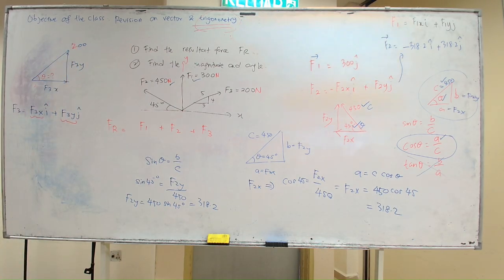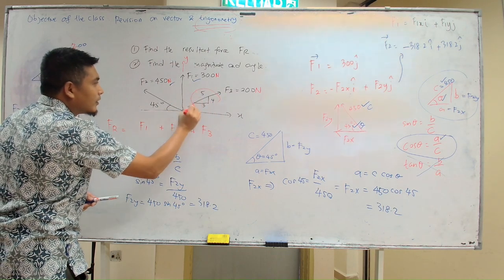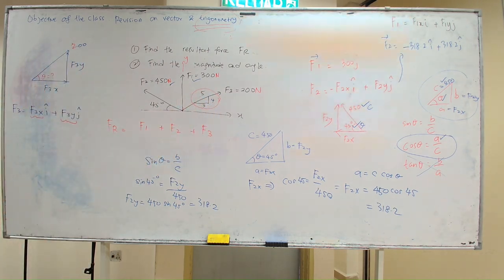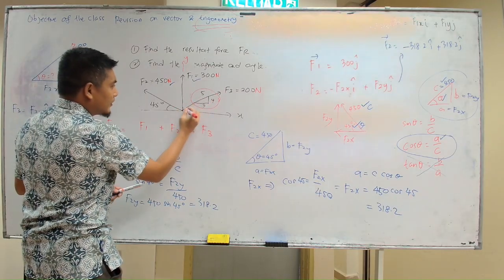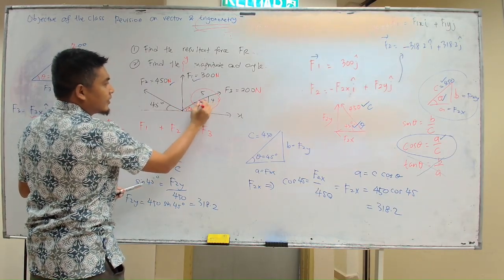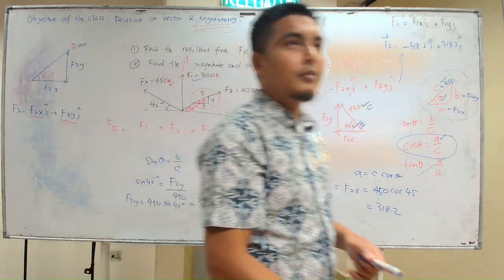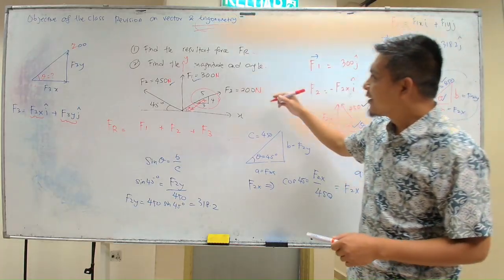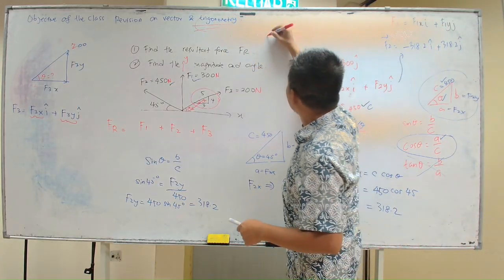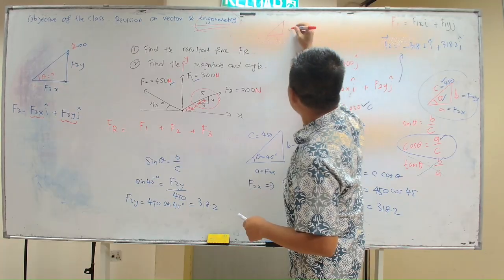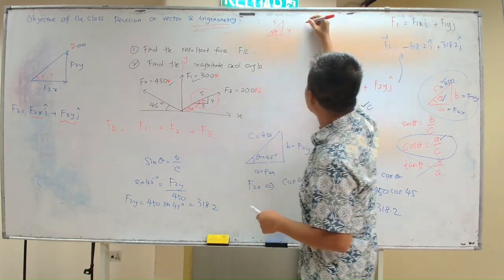Okay. So how do you calculate theta? Where is the information I can use to calculate theta? This theta is the same as this theta, same thing. Same, right? So what is the theta value? Three, four, five.